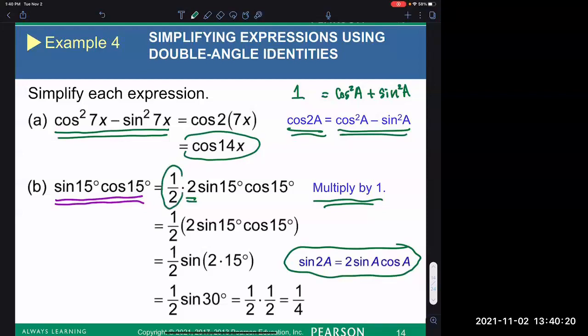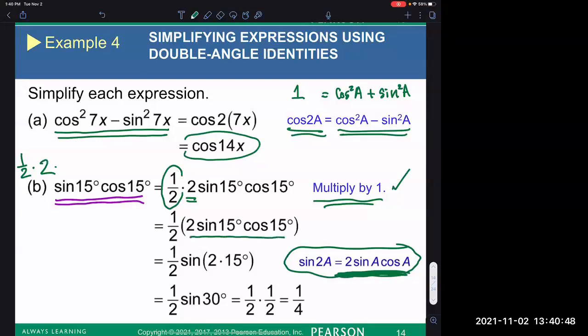If I'm going to put the 2 there, I need to also multiply by 1/2, because 1/2 times 2 is just 1. And that means I didn't change the value of my expression by multiplying by 1. So that's what they're referring to here. But the reason they did that is that now, when the 2 is multiplied by the sine and the cosine, it looks like the right side of the double angle formula.